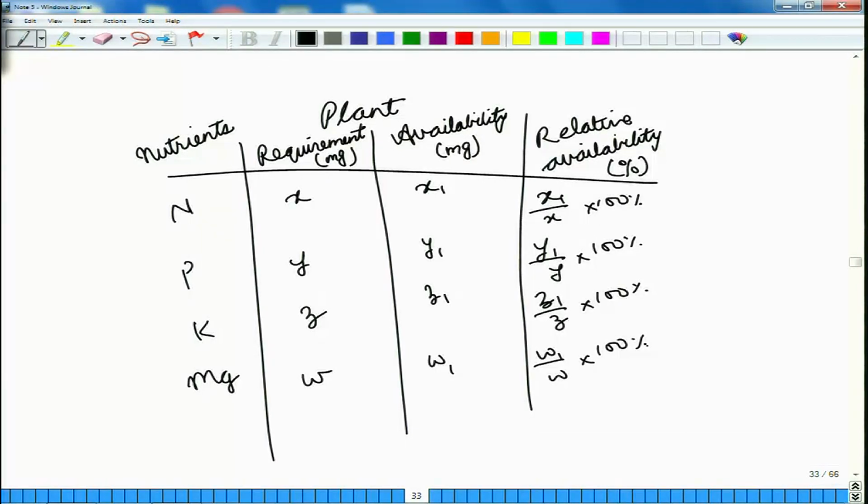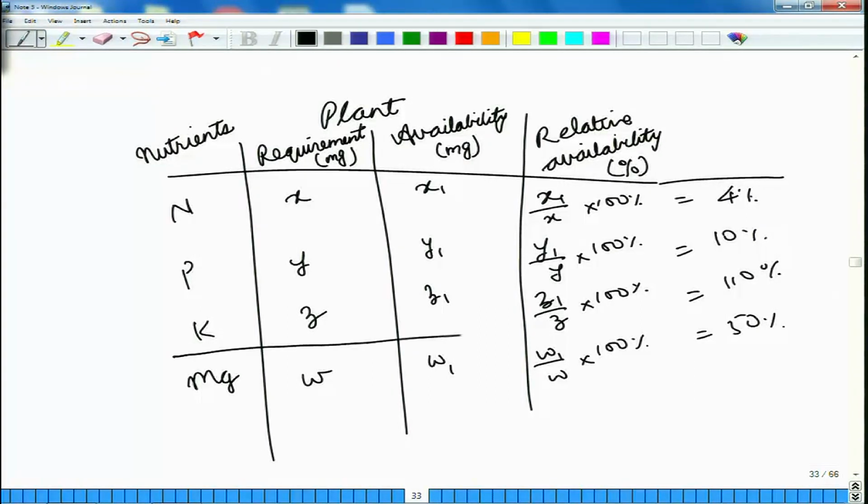Now, suppose these figures come out to be say 4%, 10%, 110% and 50%. So, essentially what we are saying here is that in the case of potassium, the requirement is say 100 milligrams and we are having 110 milligrams available. So, this resource is available in plenty.